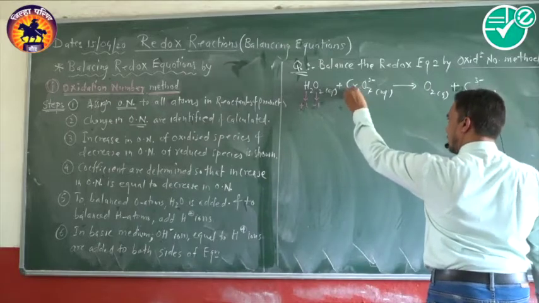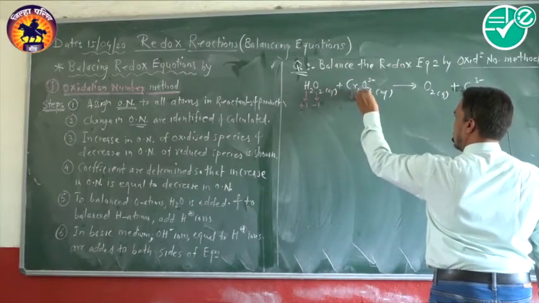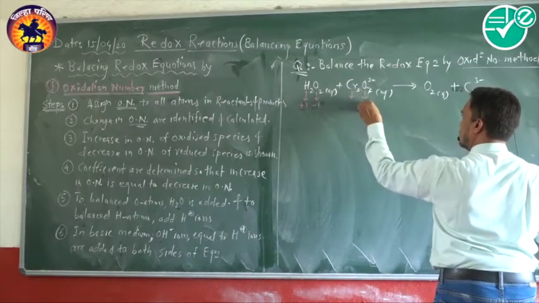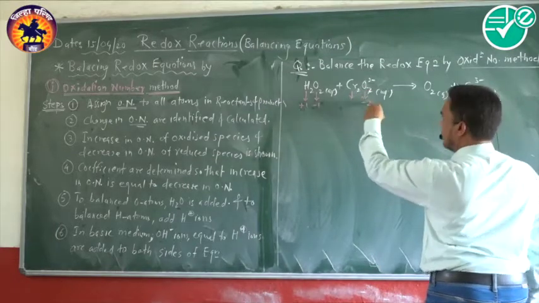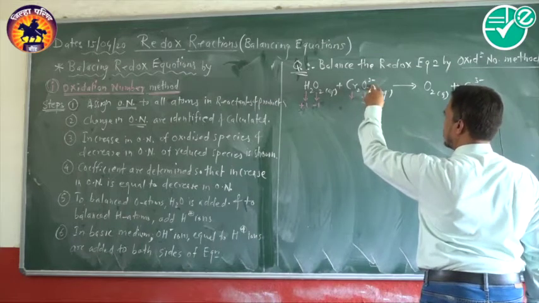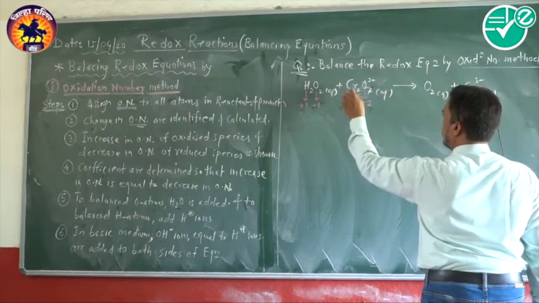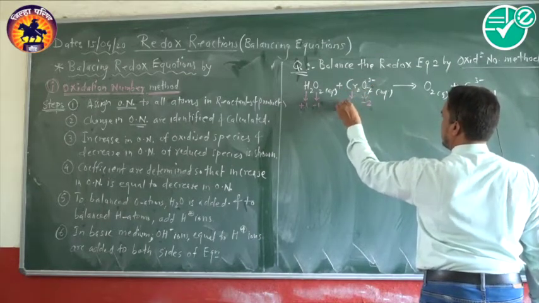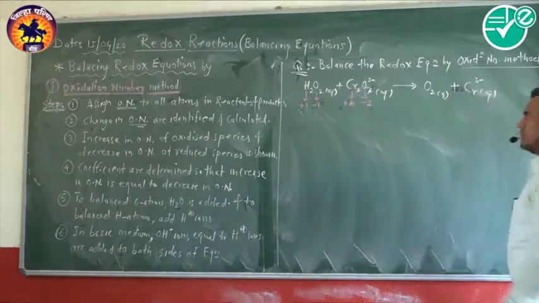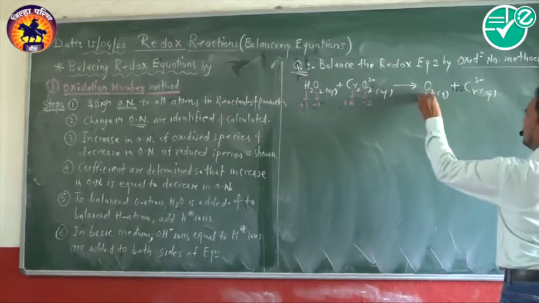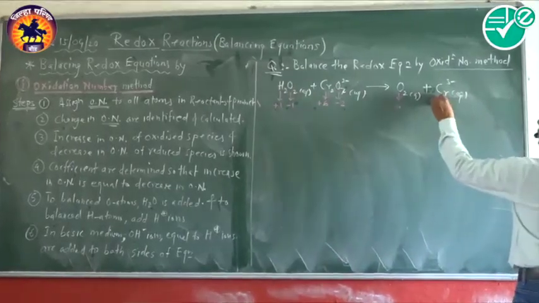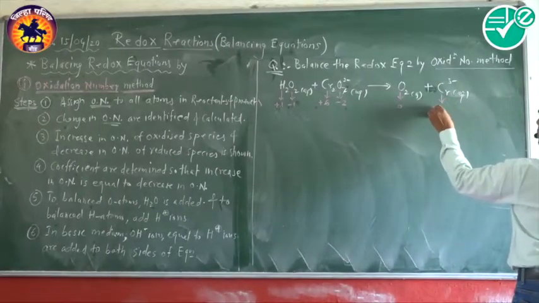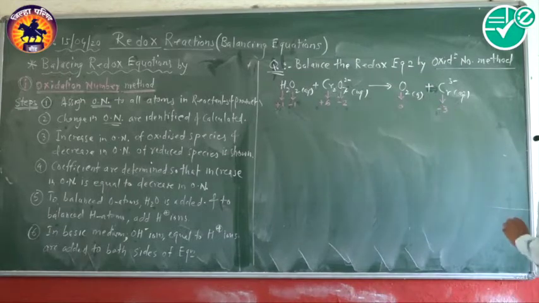For chromium, with oxygen at -2, it comes out as 7 times 2 is 14, remove 2, it is 12. So for a single chromium atom, the oxidation number is +6. Here it's in the free state, so the oxidation number is 0. Here chromium's oxidation number is +3.